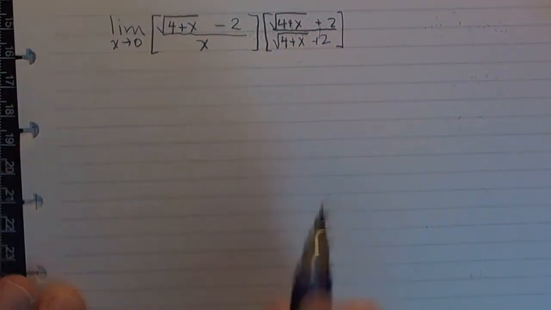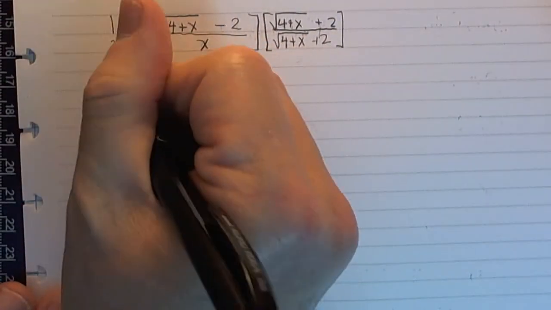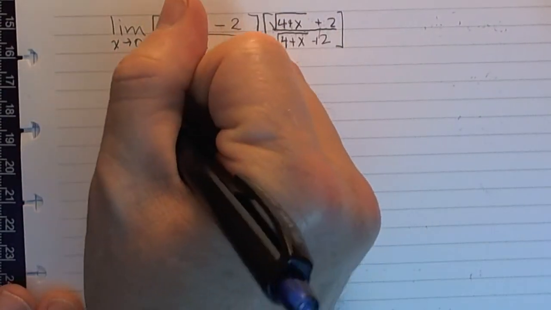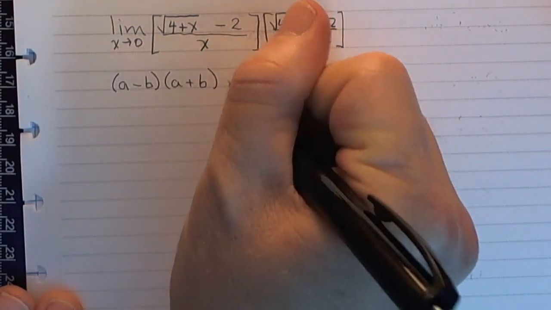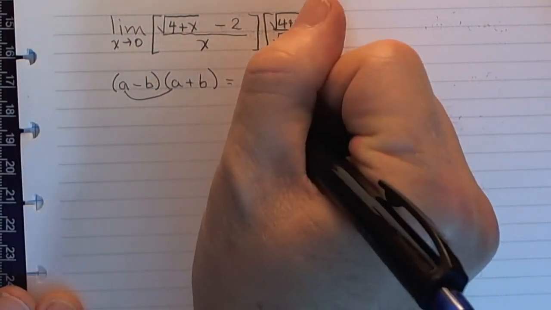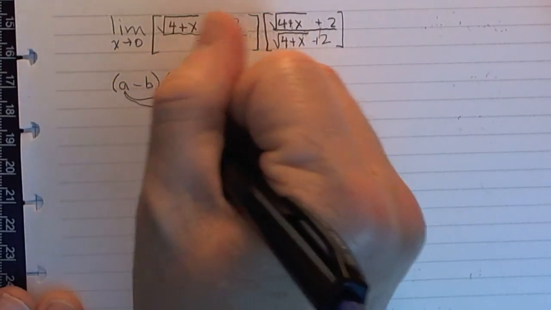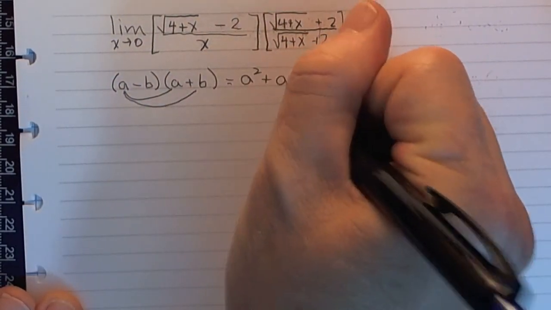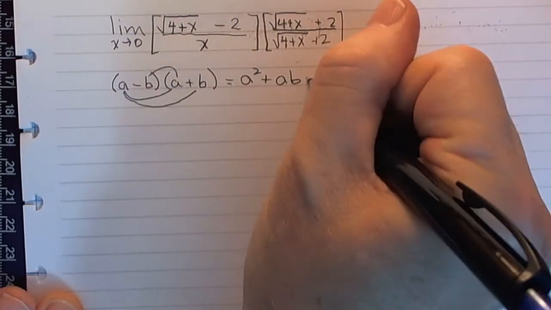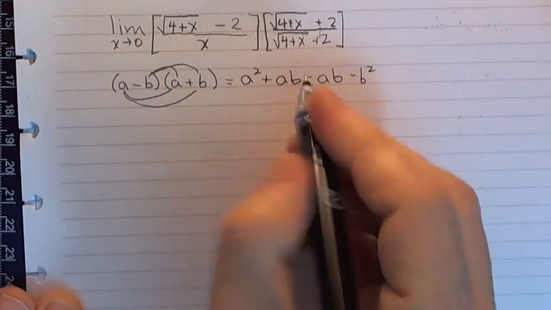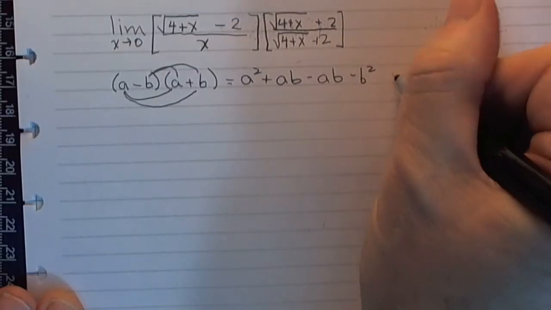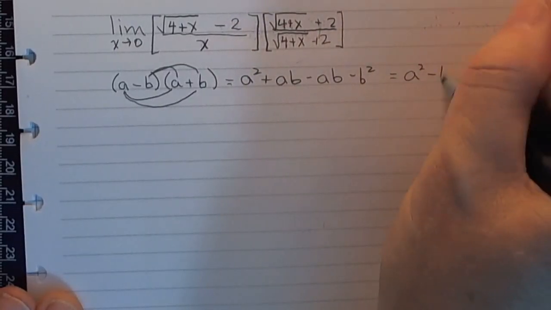Now, the reason I do that is because if you take a minus b times a plus b and multiply that out, notice I get a squared plus ab minus ab minus b squared. And notice this ab and this minus ab get rid of each other, and you just get a squared minus b squared.